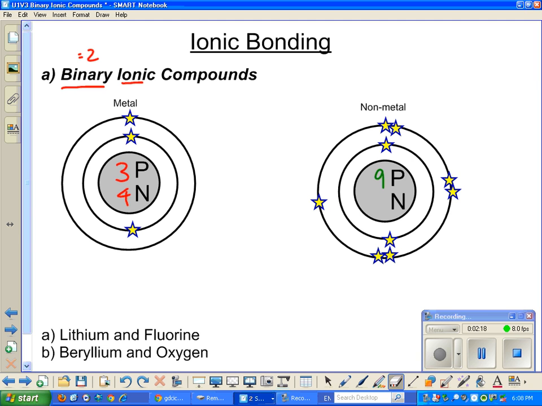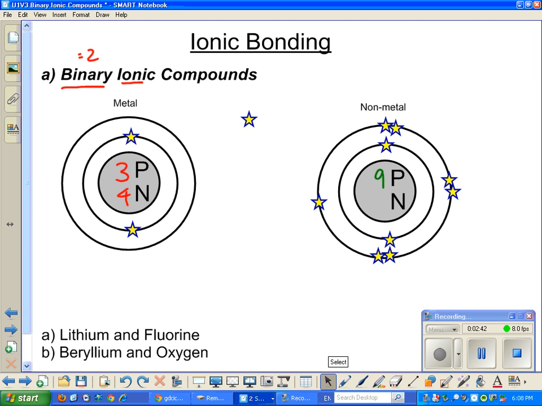Now, both of these atoms want to become ions, or want to have a full outer shell, and they do it in different ways. We know that the metals on the periodic table like to lose electrons, whereas the non-metals like to gain. So how can these processes complement each other? If we take a look at lithium, we can see that its outer electron would like to leave.